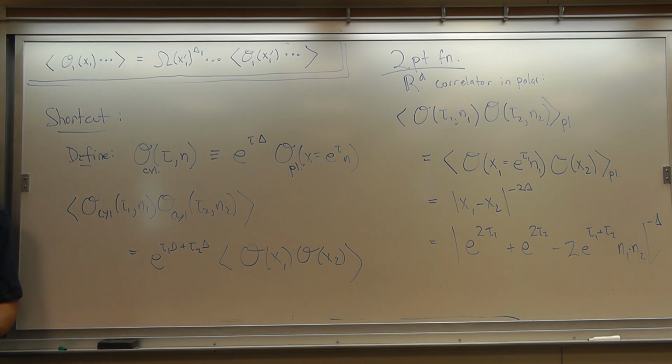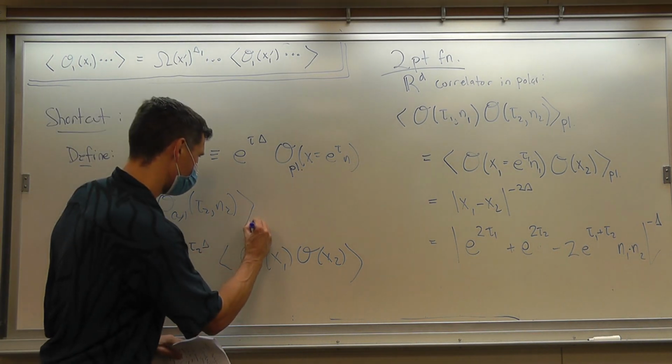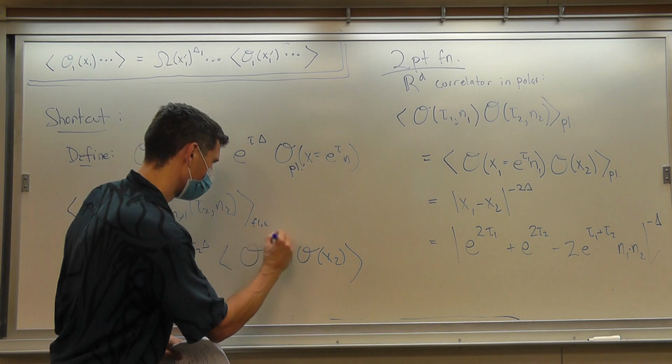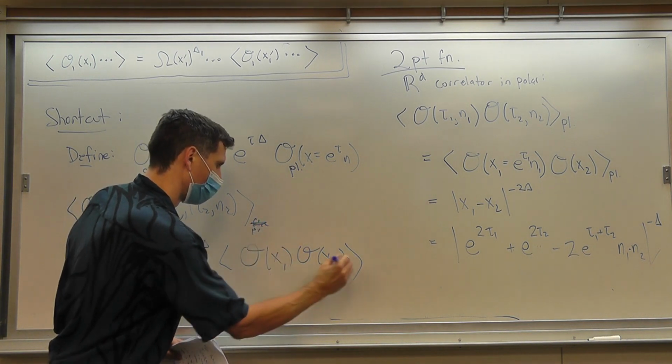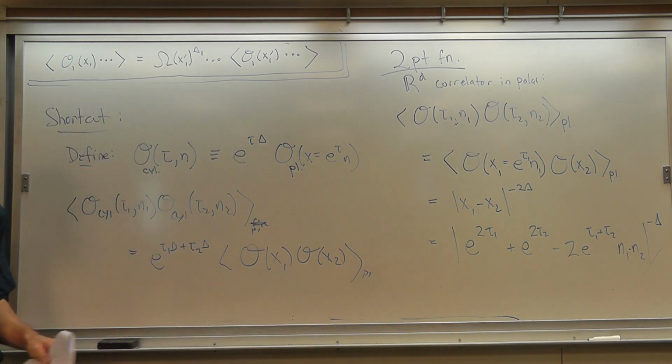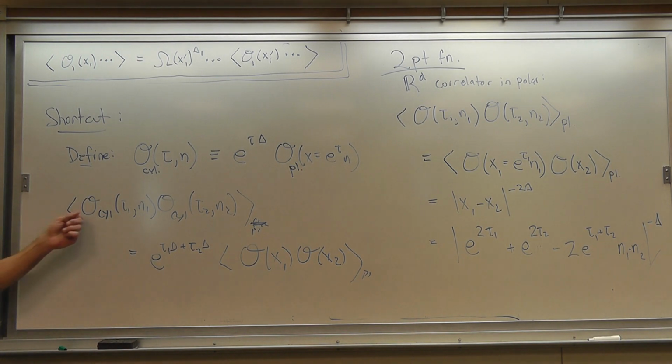Well, there's different ways of thinking about it. One way of thinking about it is that both of these are in the flat metric, the plane metric. Okay, so O sil is an operator on the plane that mimics the physics on the cylinder.